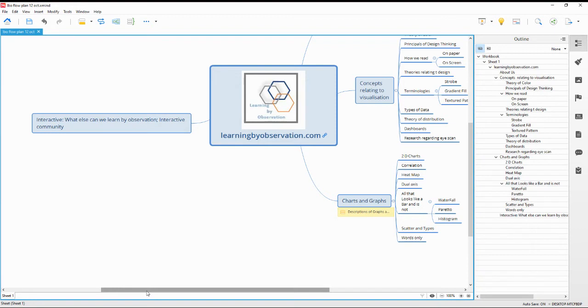Was the effort of the data visualizer received in the same letter and spirit by the audience? Let's take radial graphs for example.